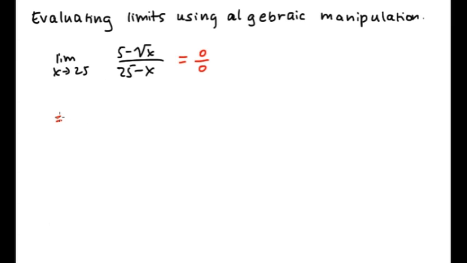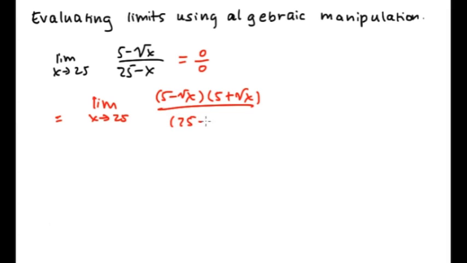What do we get? We get the limit as x approaches 25 of 5 minus rad x times 5 plus rad x over 25 minus x times 5 plus rad x.